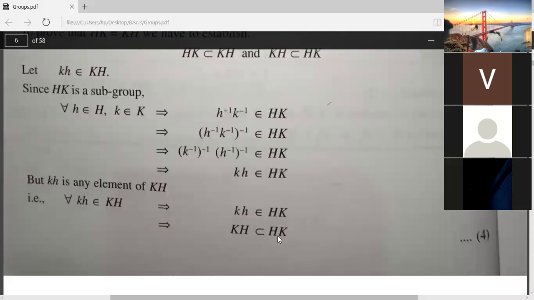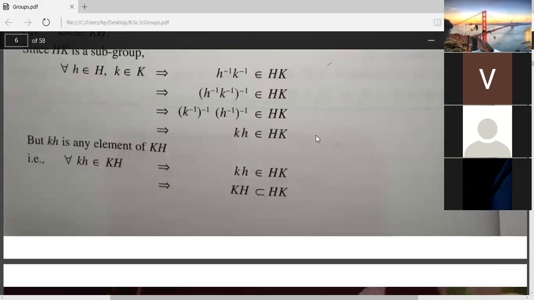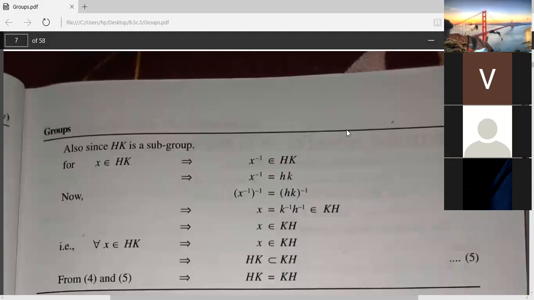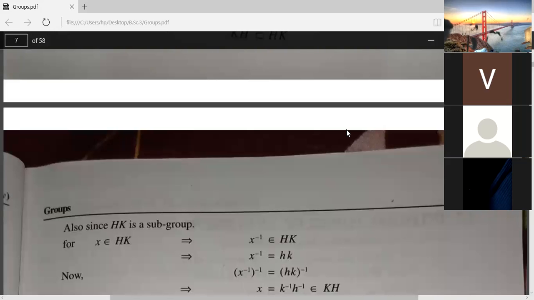KH is a subset of HK. So KH is a subset of HK is over.